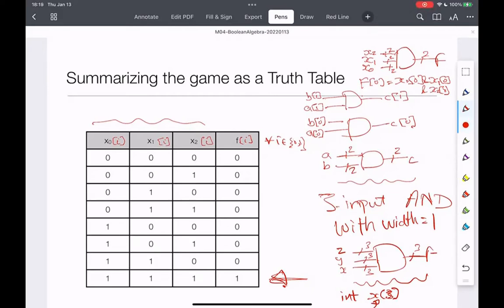How many rows? 2 to the power 1,000. So we can't write those. It's just the size. The problem with truth tables is they express everything. Look at this example: 7 out of 8 rows are 0, and one of them is 1. So it's very inefficient in terms of the storage required. It's good as a manual, human aid, but not that great as a computational thing.